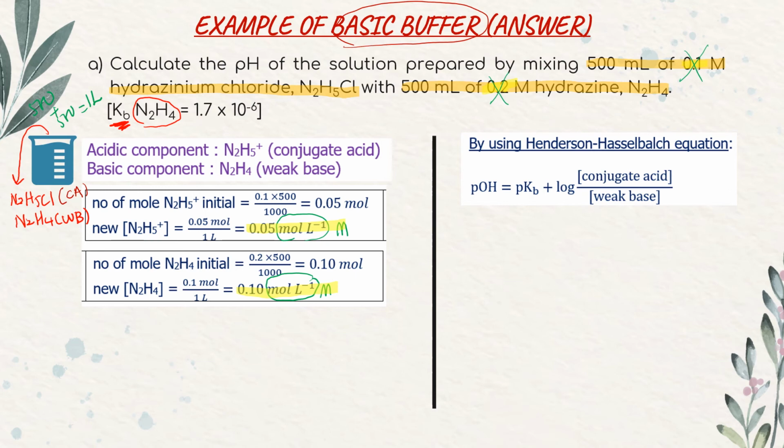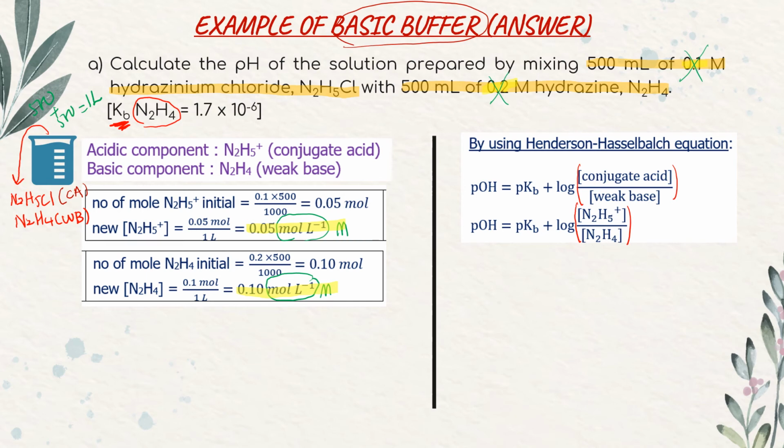So, sekali lagi dekat sini ada kurungan. Okay, jadi substitute the real species. So, apa yang kita gunakan dekat dalam sistem? The conjugate acid, N2H5 plus dan the weak base N2H4. So, dia akan jadi begini. Okay, kurungan.